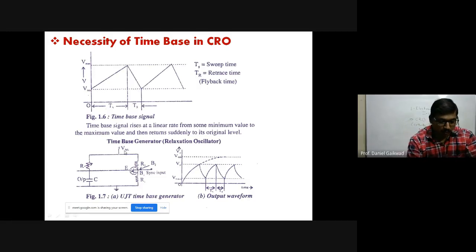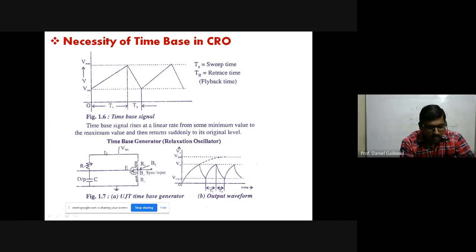Check carefully, we have a positive supply, and with the help of R1 and R2, the symbol of the UJT, then a variable resistance R, and the output taken across the capacitor C, and the sync input here. So we have the sync input given to the base B2 of the UJT, with bases B1 and B2 of the UJT.